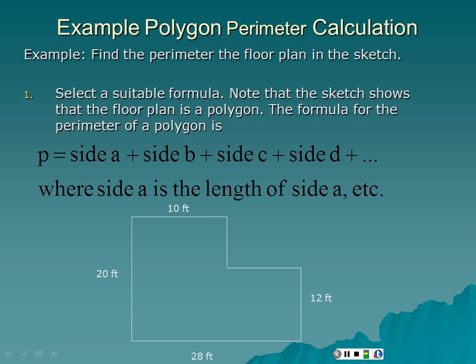And how about this? Can you guess what will be the length of this side? Look at this. This is 28 and this is 10. So this must be 18 then.